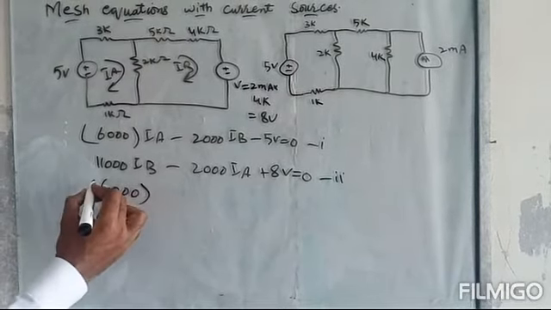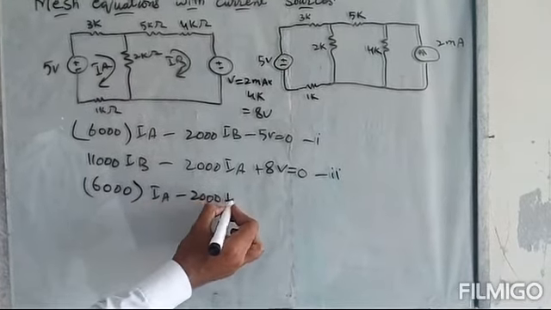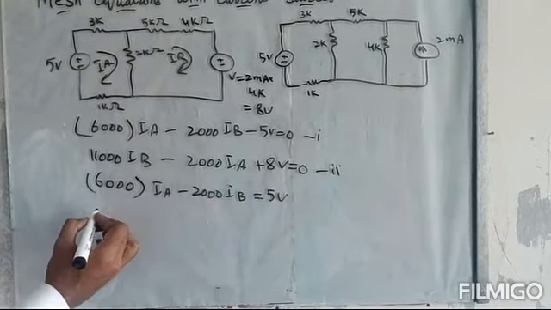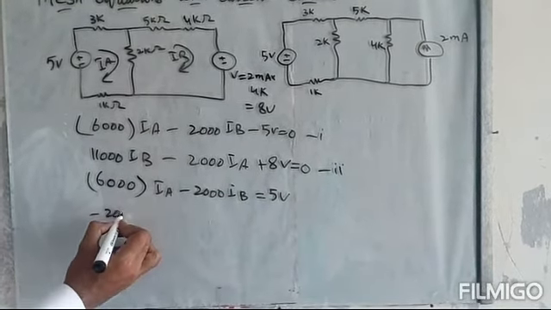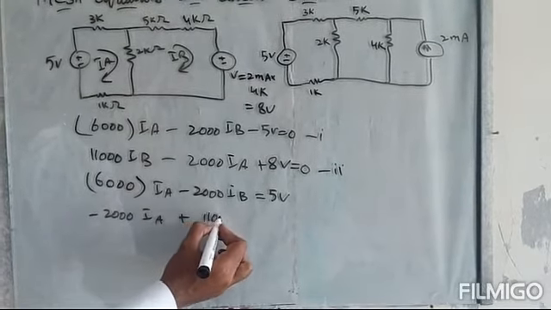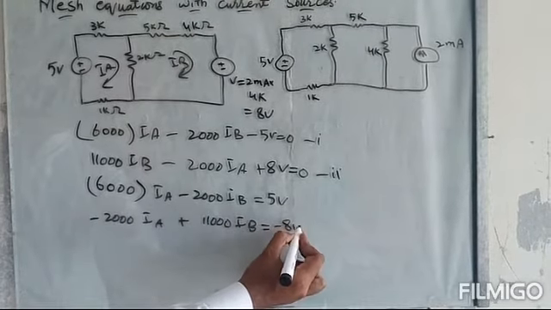6000 IA minus 2000 IB is equal to 5 volt, and minus 2000 IA plus 11,000 IB is equal to minus 8 volt.